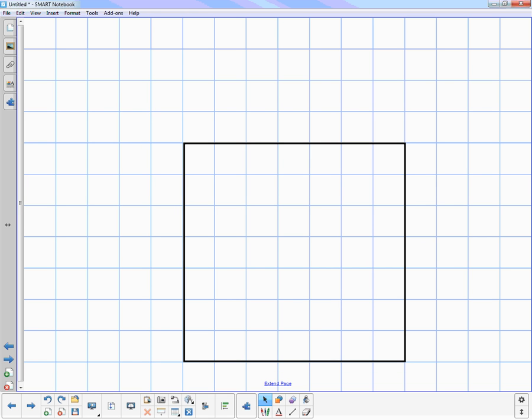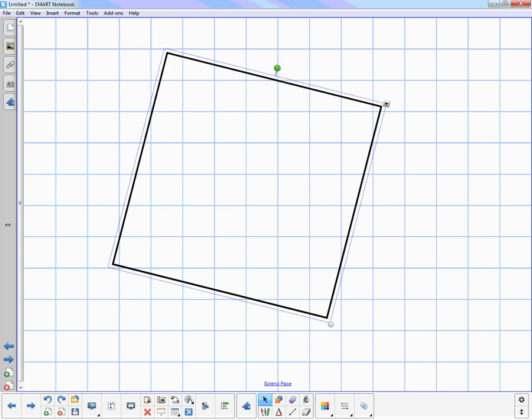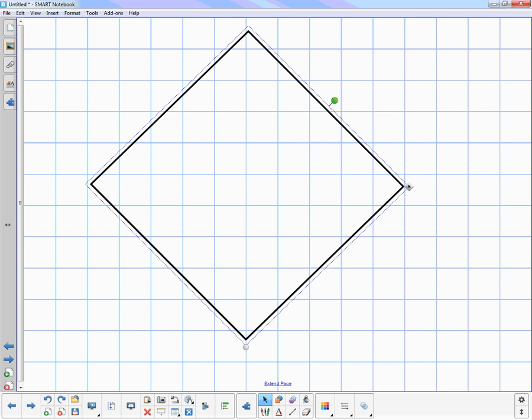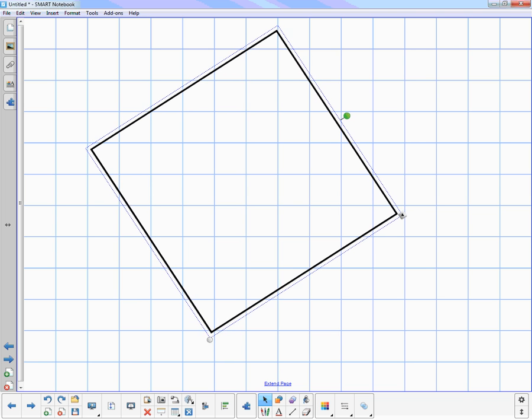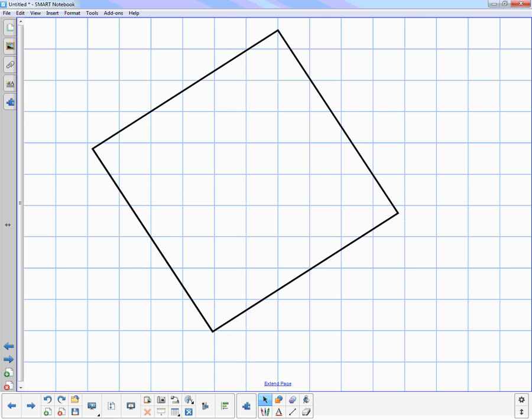Okay, cool. So here's my square, and I've gone ahead and put it at an angle.